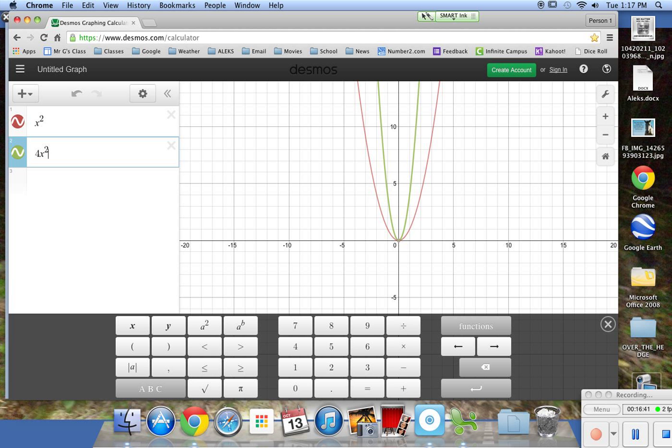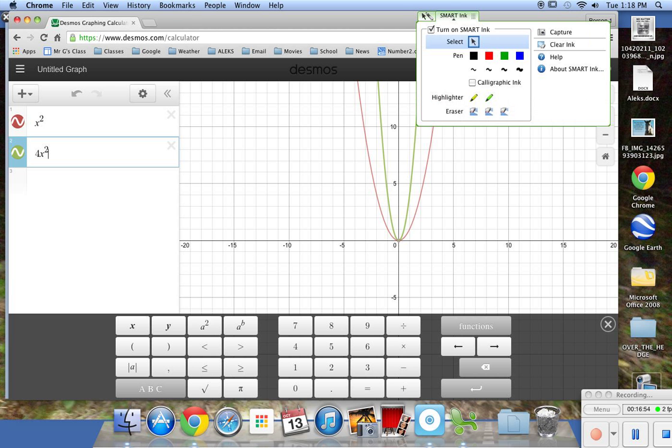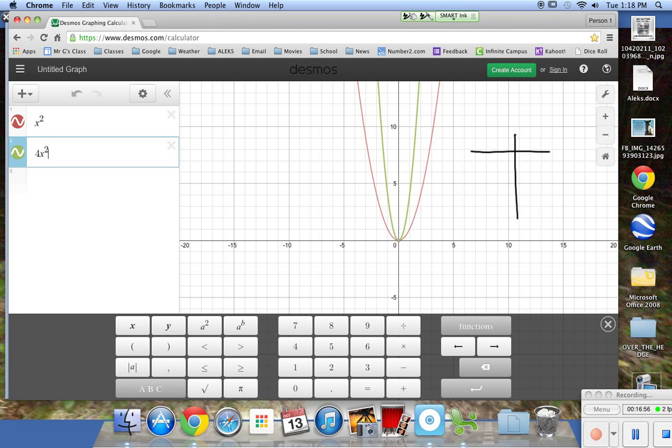I would make sure you know how, if you had to graph it yourself, to graph it without Desmos. Make sure you can do that using the XY table. If you know how to do this and get it, that's what I'm interested in.